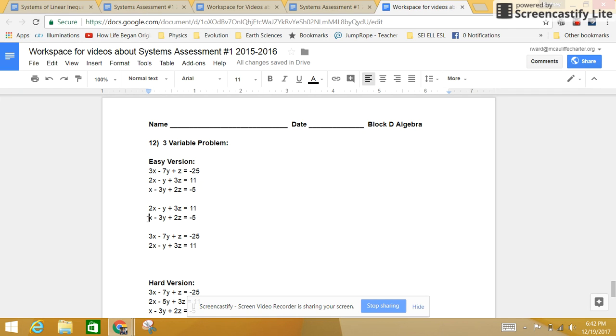The way I'm going to do that is multiply this entire thing by 2, because that'll double all of these and they'll have a 2x. So that's going to end up being 2x minus 6y plus 4z equals negative 10. And my other equation just comes over.